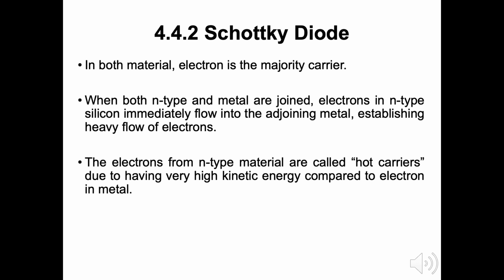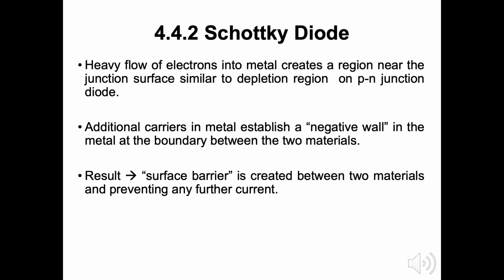The electrons from N-type material are called hot carriers due to having very high kinetic energy compared to electrons in metal. This heavy flow of electrons into metal creates a region near the junction surface similar to the depletion region in a p-n junction diode, which has been discussed before.